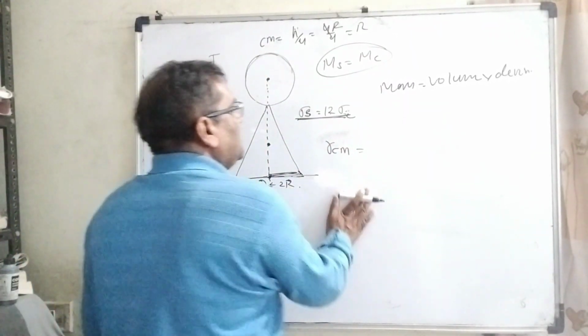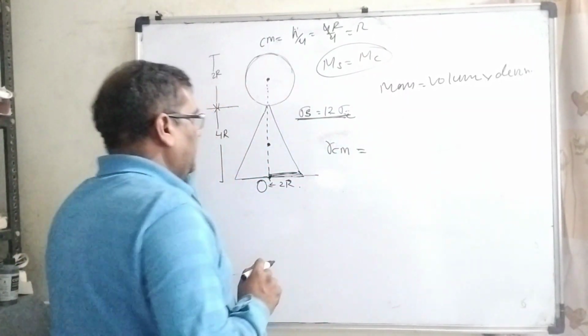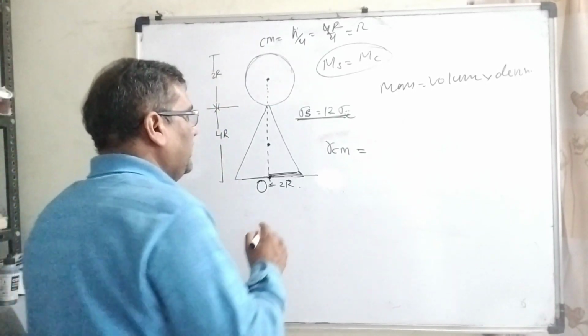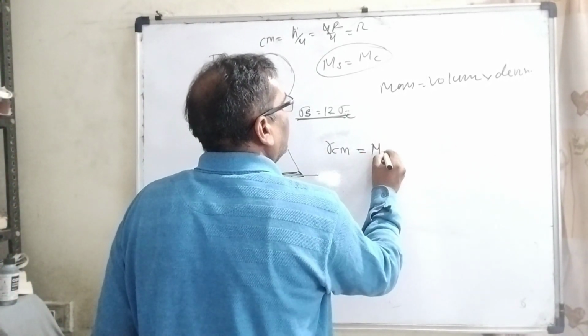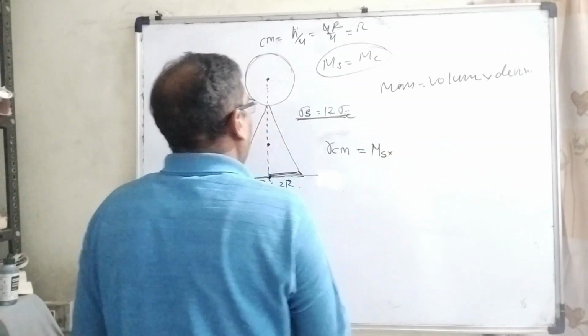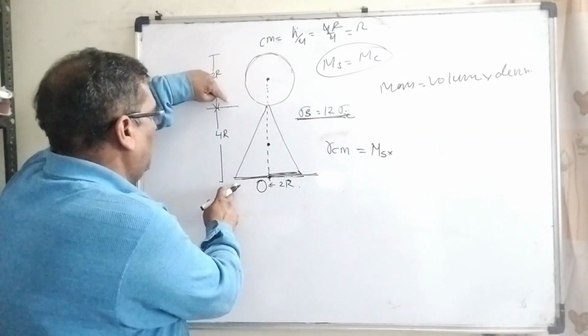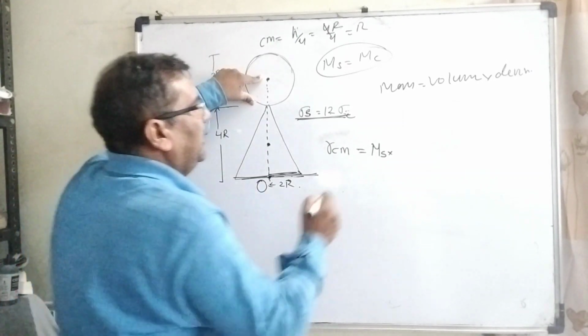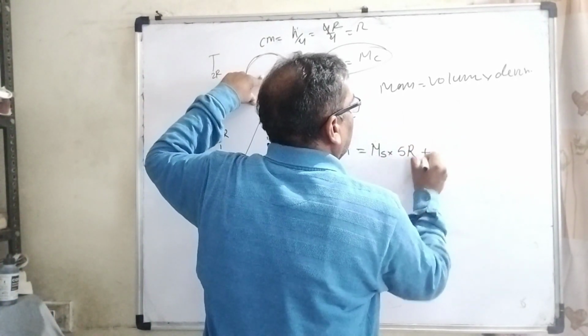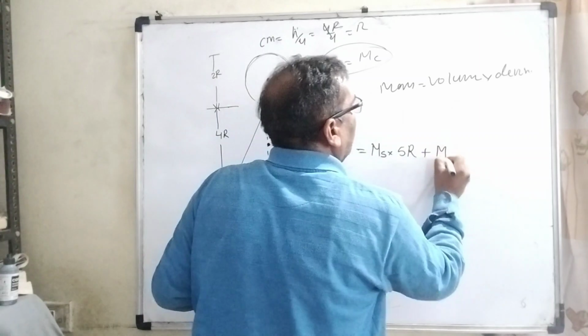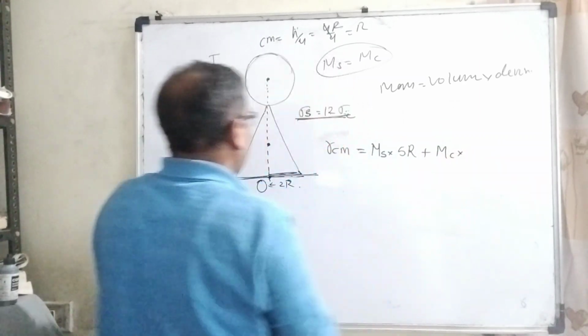Now the center of mass of this given toy is the mass of the sphere and its distance from the axis of rotation, 5r, plus the mass of the cone and the distance of its center of mass.